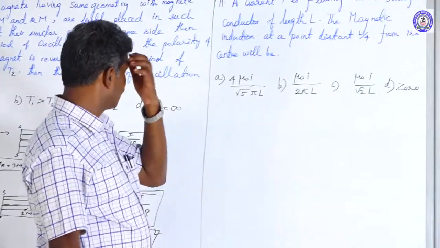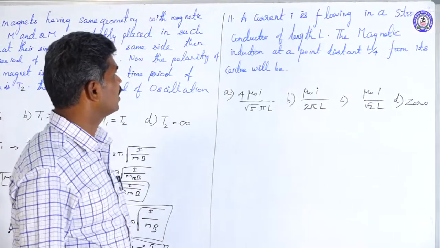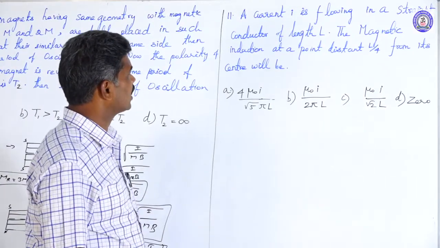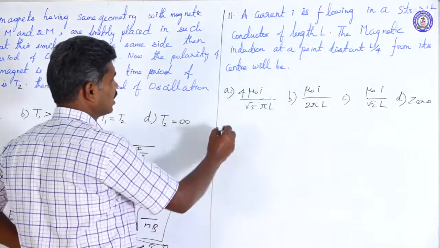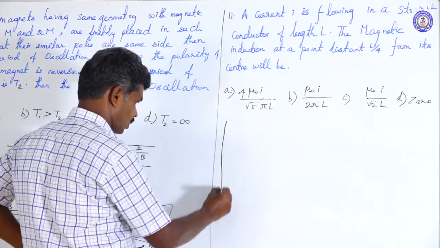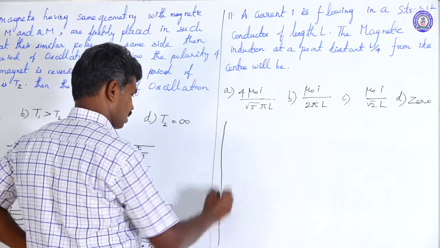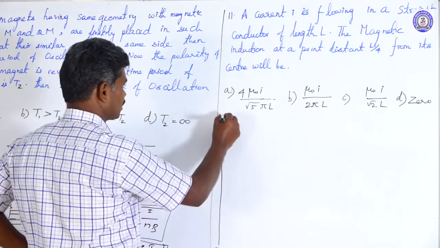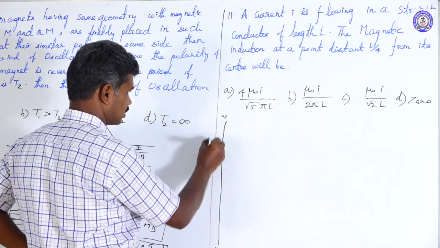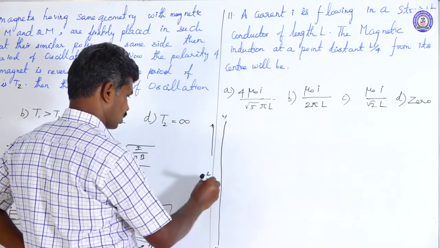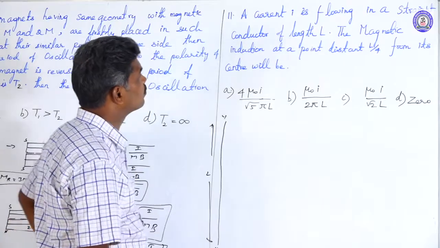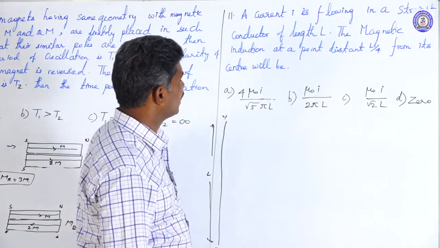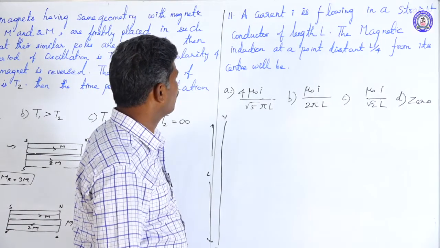For the 11th question, a current I is flowing in a steel conductor of length L, a finite length conductor. The ends are x and y, and the total length is L. We want the magnetic induction at a point at distance L by 4 from its center.